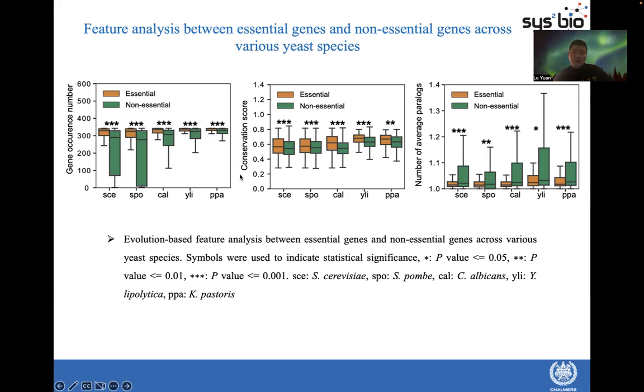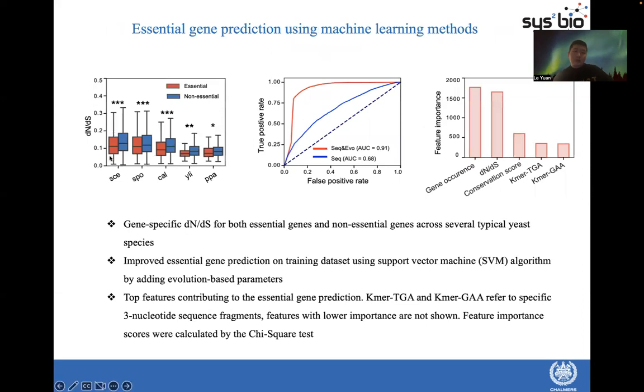Of course, for conservation score and the number of average paralogs, we can reach the same conclusion. For DN/DS, it is the same trend. The median value of DN/DS for essential genes is much lower than that in non-essential genes.